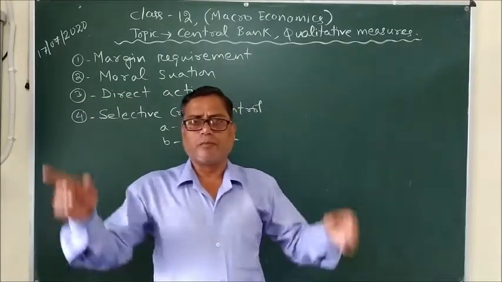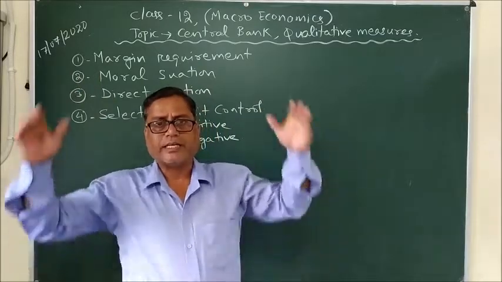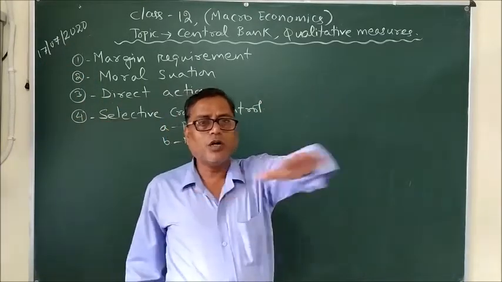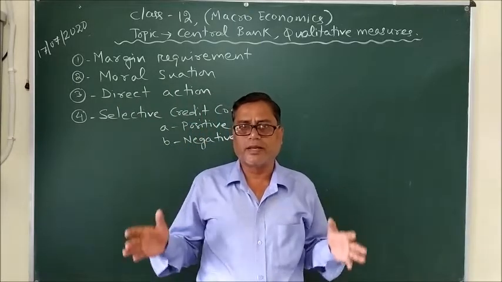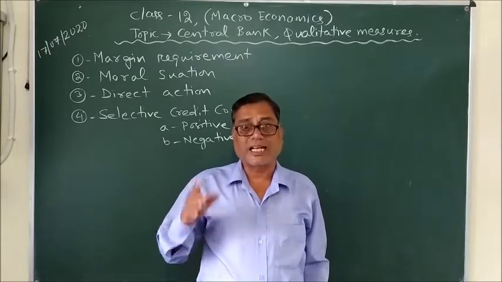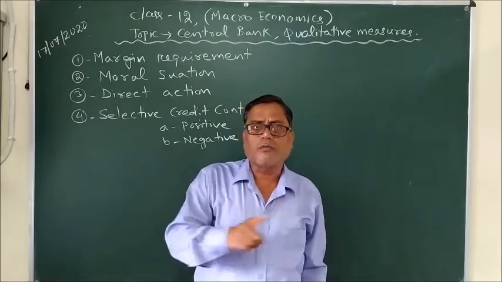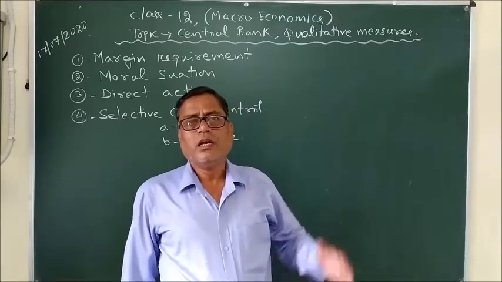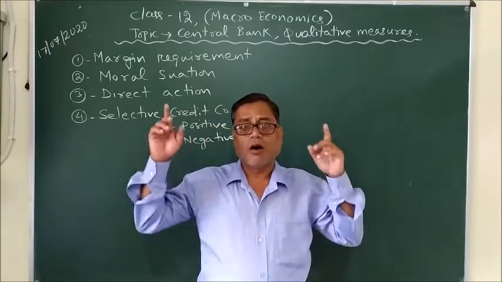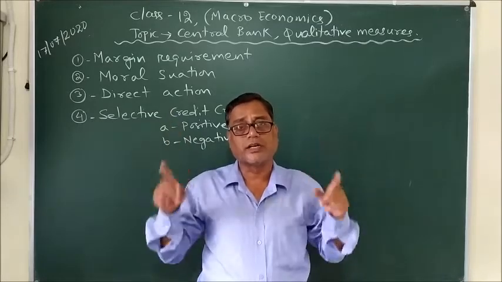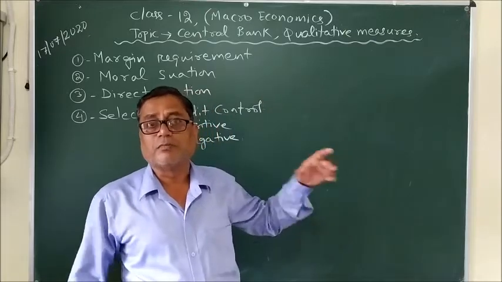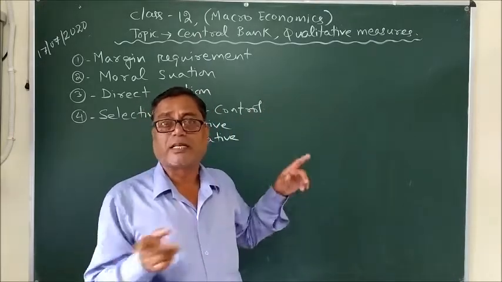The central bank designs some plans and policies keeping in mind the whole economy, and it expects that all the commercial banks would function according to the plan and policy of the central bank. What the central bank has designed, the commercial banks must follow and act accordingly.